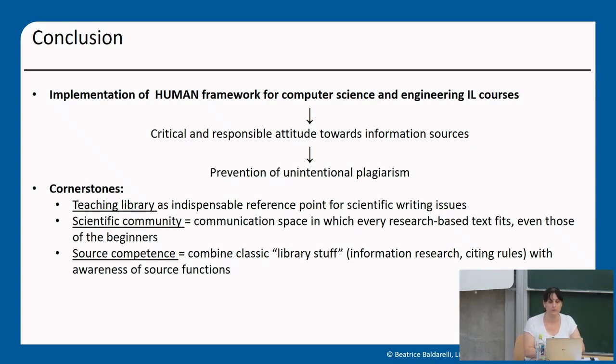This frustration will result from being forced by the rules of scholarly writing to find and use sources, to perhaps know everything about borrowing books and searching journal articles in a database, but not understand why and how it is necessary to use them, especially if their task in the final thesis is a mainly practical one. This is where the implementation of the HUMAN framework can make a difference.